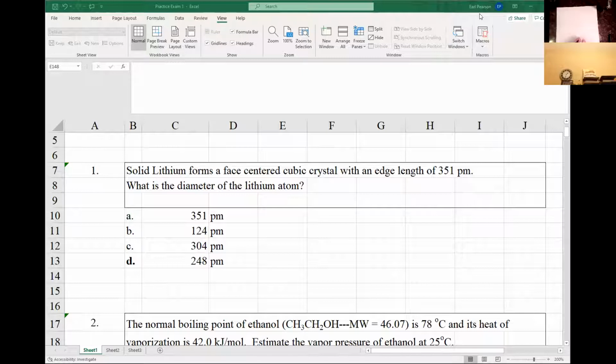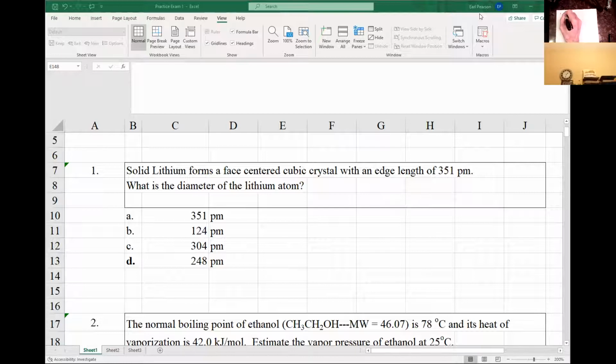Okay, the first question has to do with a face-centered cubic crystal. So let's take a look at what face-centered cubic crystals look like. I'm not going to draw the rest of the cube because all we're really interested in this one is the face.